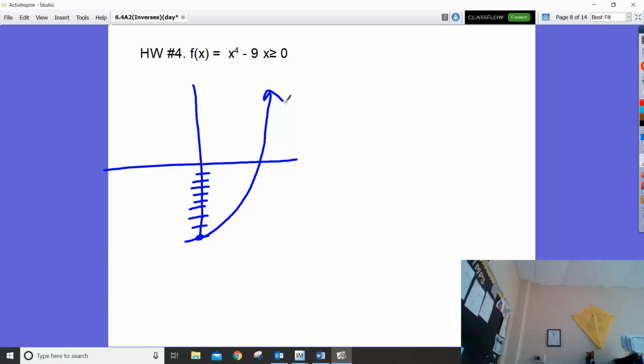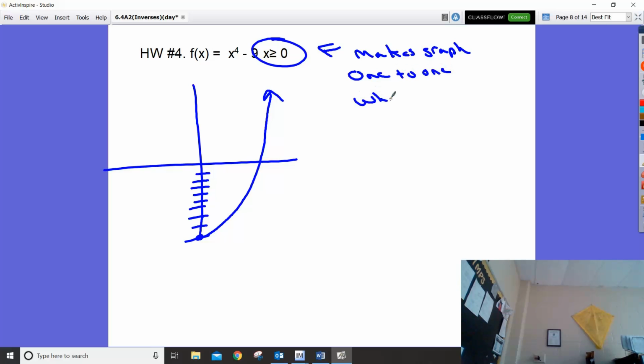You put a restriction like that, x is greater than or equal to 0, it only forces half the graph to be drawn, which makes the graph 1-to-1, which means you can find the inverse. That was the whole point of this. That makes the graph 1-to-1. It has an inverse.